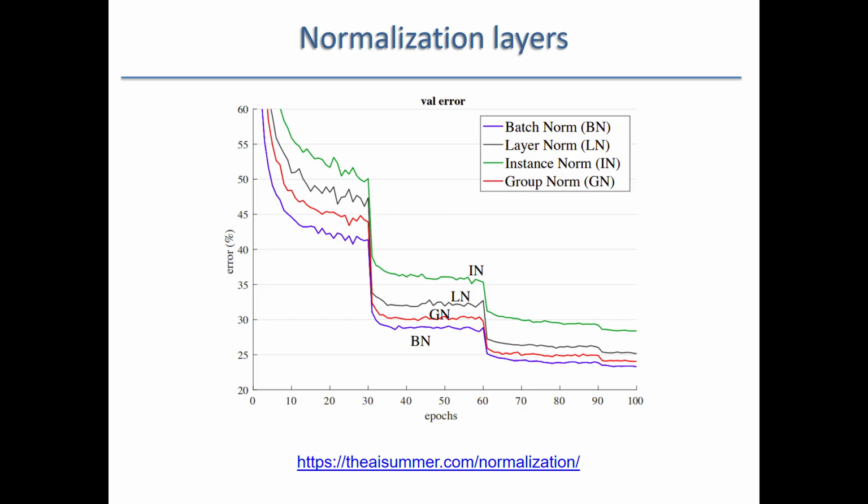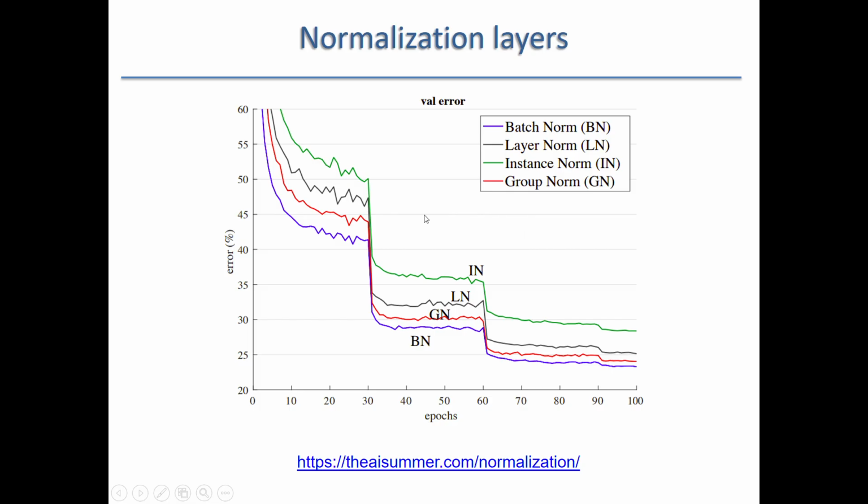I think this is sufficiently general to say that batch normalization tends to give the best results, but this is always dependent on the architecture and the data set. But in general, it is true that batch normalization tends to give the best results. You see, the validation error is smaller depending on the kind of normalization.